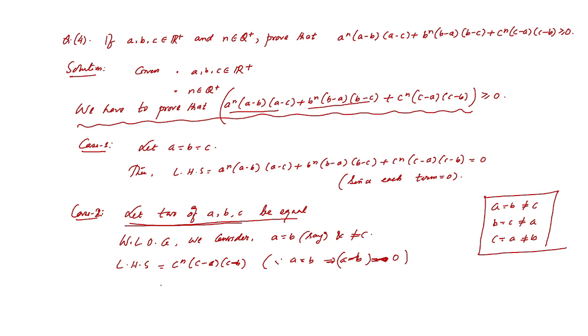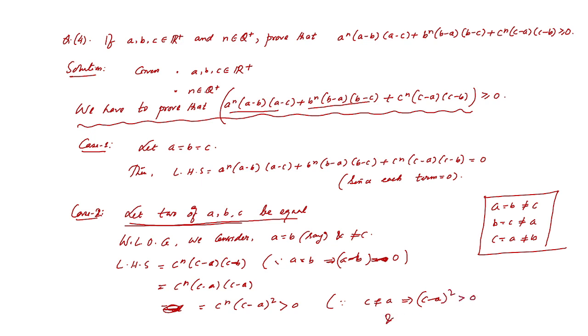Since a equals b, we can write c to the power n (c minus a)(c minus a), that means c to the power n (c minus a) whole squared. And that is strictly greater than 0. Why? Because c is not equal to a, so (c minus a) whole squared is greater than 0.